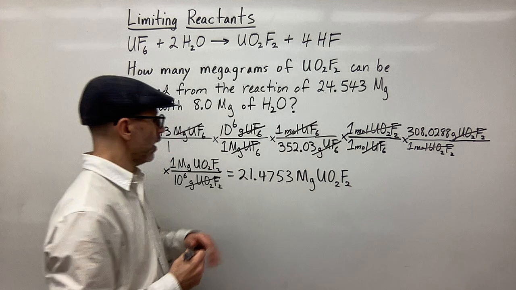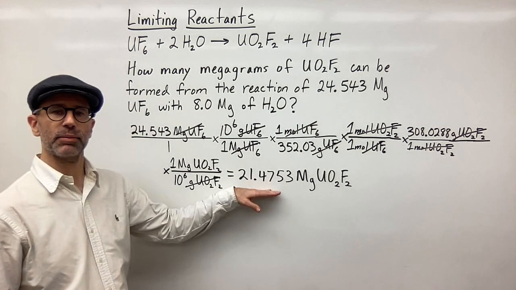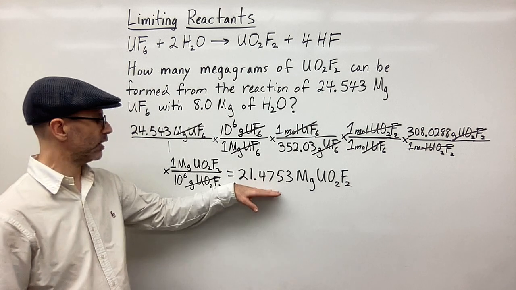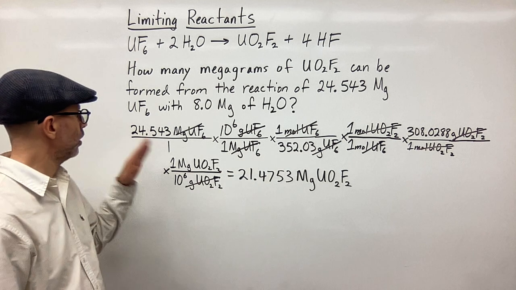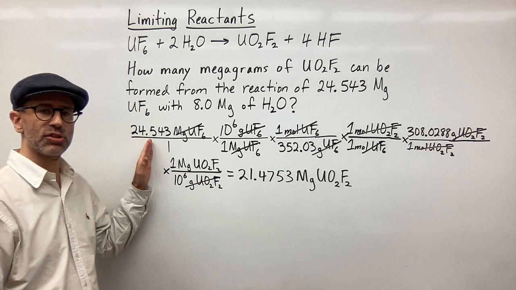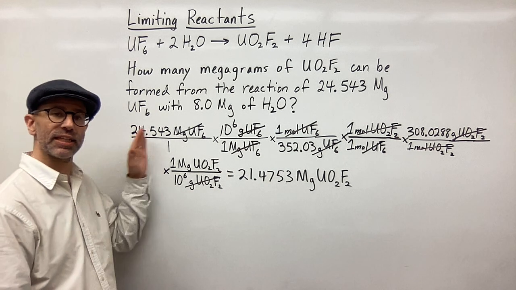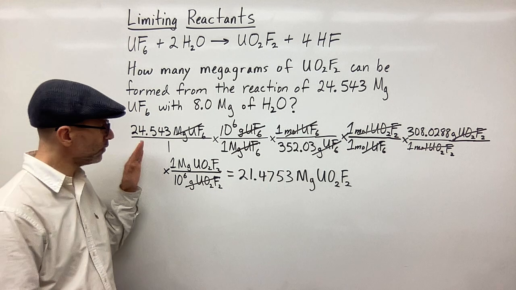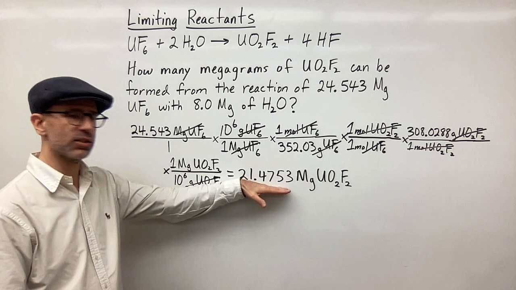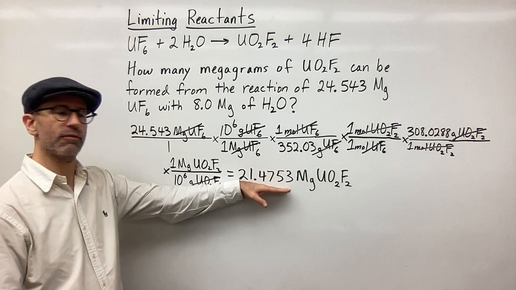Okay, so that is the amount of megagrams of the UO2F2 that is possible to produce from this amount. This is assuming that all of this reacts. If it does all react, then this is the amount in megagrams of the product.